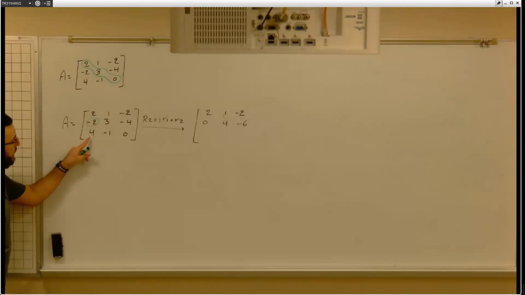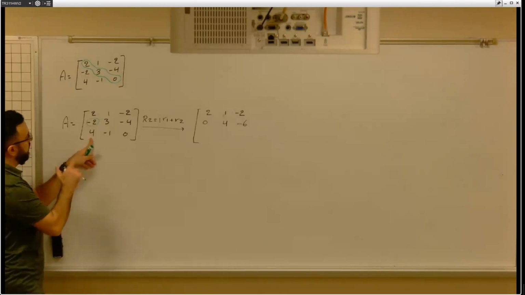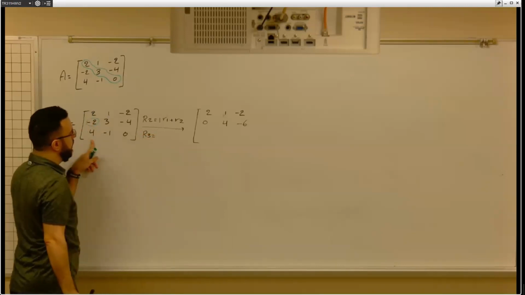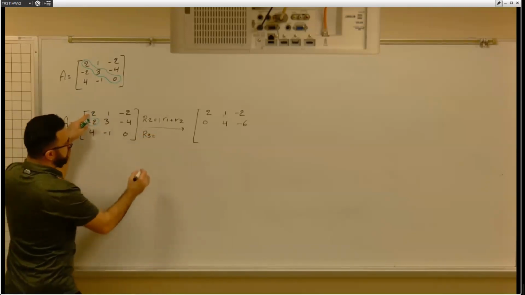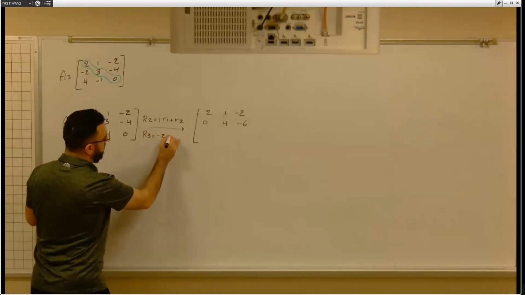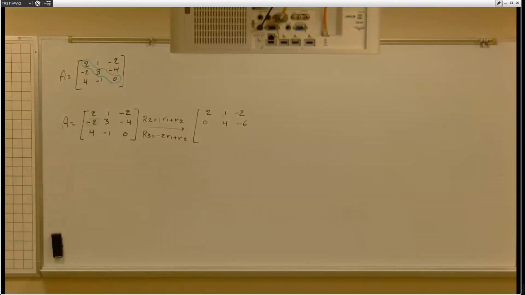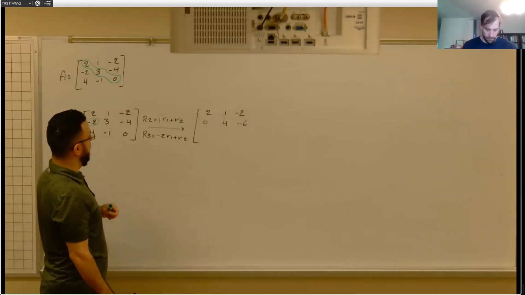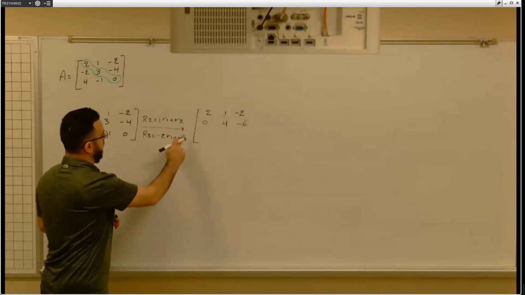Next step, I need to convert the 4 to 0. So I'm going to multiply this row by -2 and add it to the 4. That means the new R3 is -2 times R1 plus R3. Again, I'm doing 2 steps at the same time. Perfect.